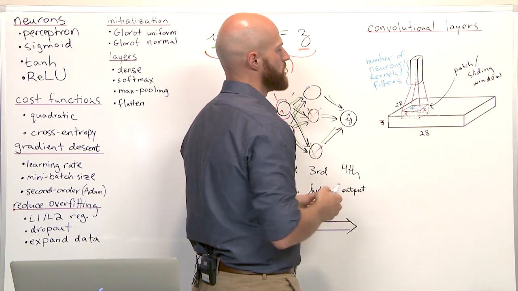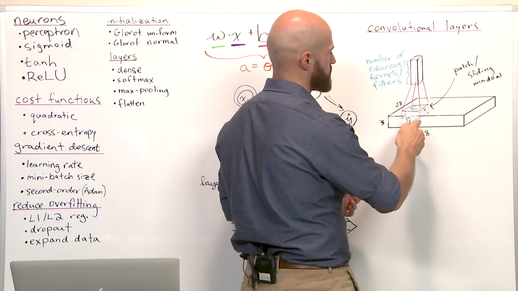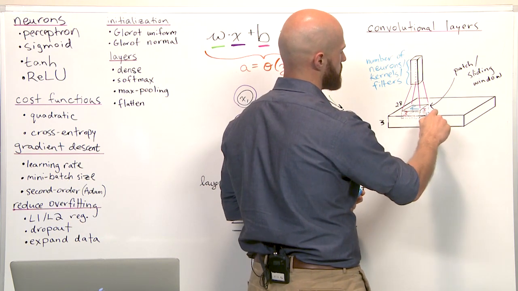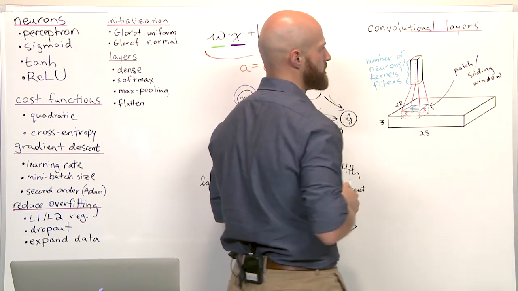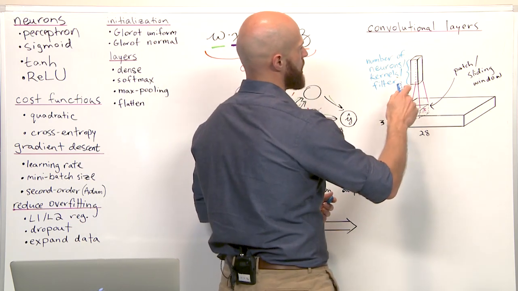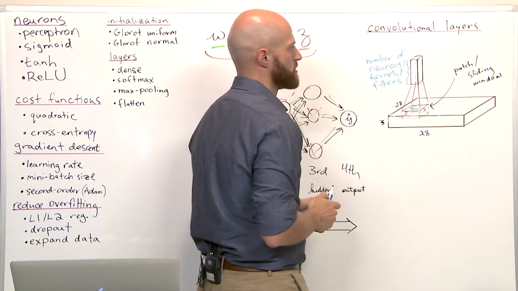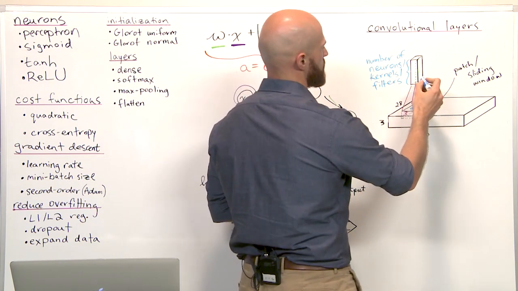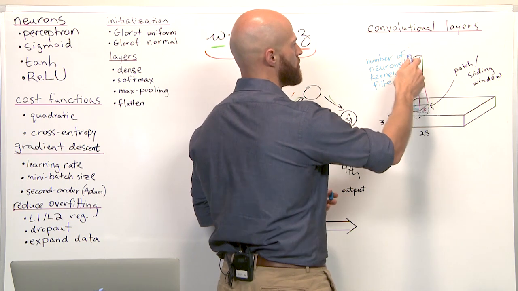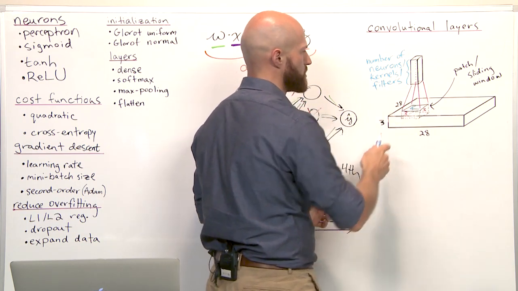Now, the other parameter that we've talked about here, so we've talked about the width and the height, so this 3 by 3 size of the patch or the sliding window, which we can call the kernel size. We haven't talked about the number of neurons. The language here can be a bit confusing because some people will call this neurons, they'll call them kernels, they'll call them filters.